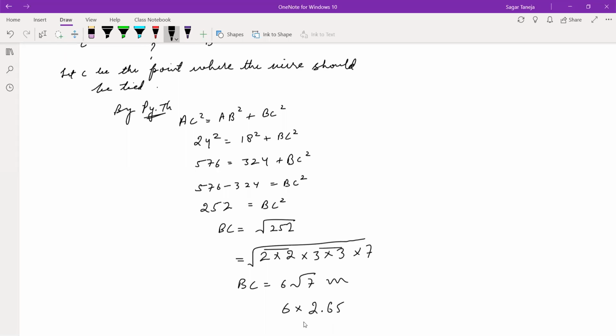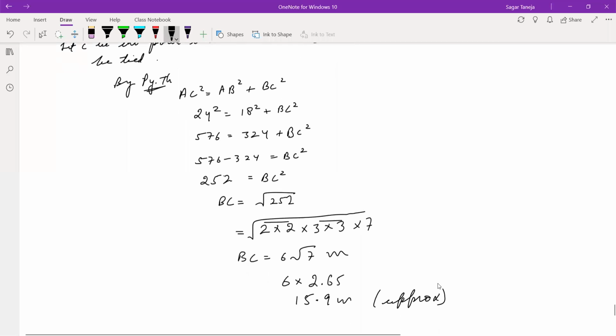So it will be 15.9 approx. You can write the approx value here. 2.645 it is. Something like this. So I have rounded off here also. 2.65 I have multiplied by 6. So it is 15.9 meter.